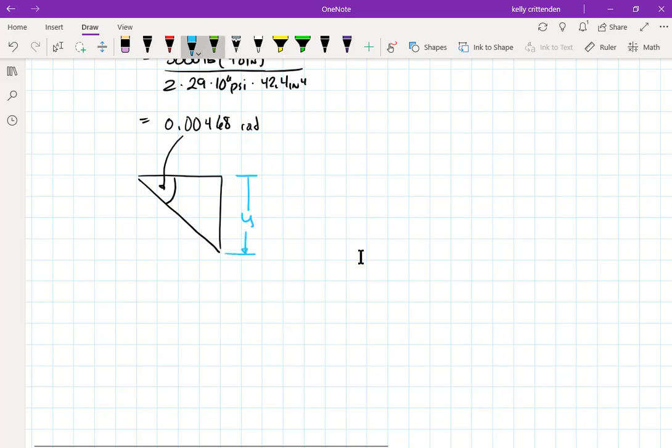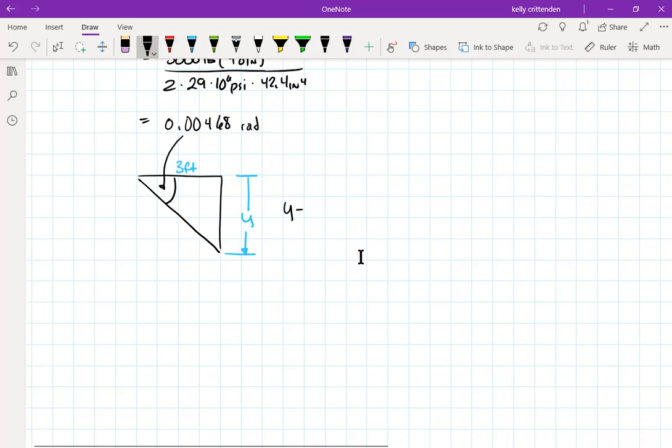And I know that this side, doesn't really matter which one, this side is 3 feet. Or you might think of this side as 3 feet. The way we're going to solve it is that it's 3 feet here, but it will work the same either way because of this small angle for theta.